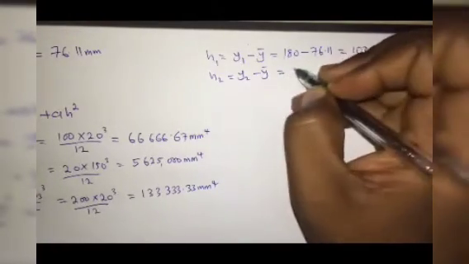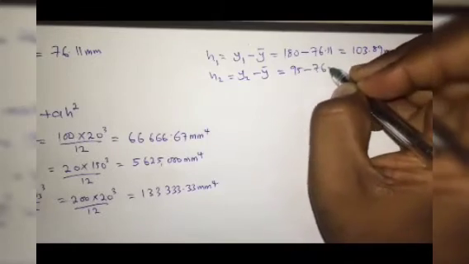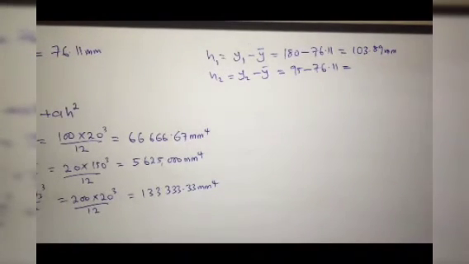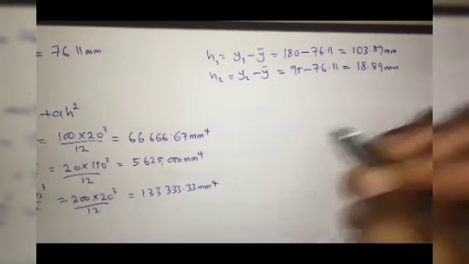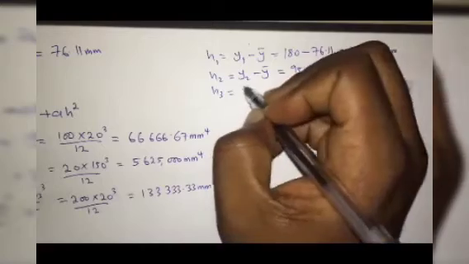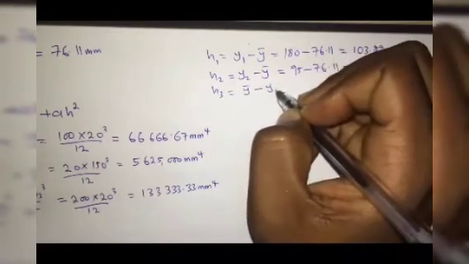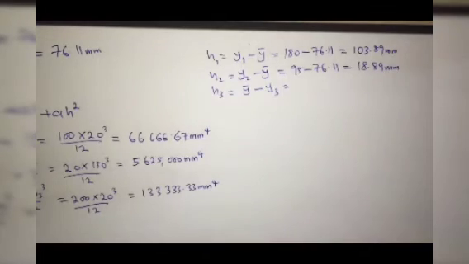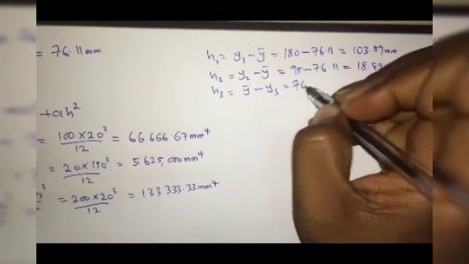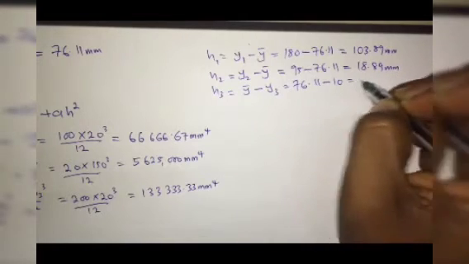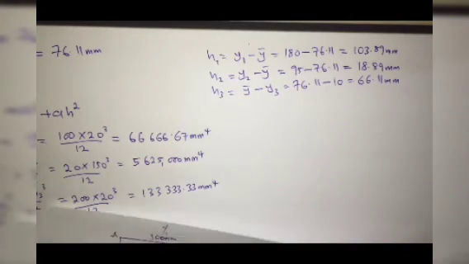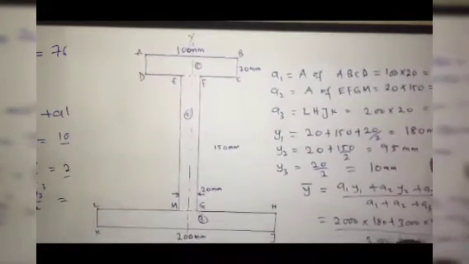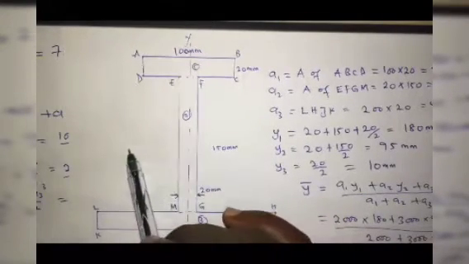The H2, that's the difference between the centroid of the second rectangle and the centroid of the section, is going to be 95 minus 76.11, which is 18.89 millimeters. Then the H3 is the difference between the centroid of the whole section and the centroid of the third rectangle.